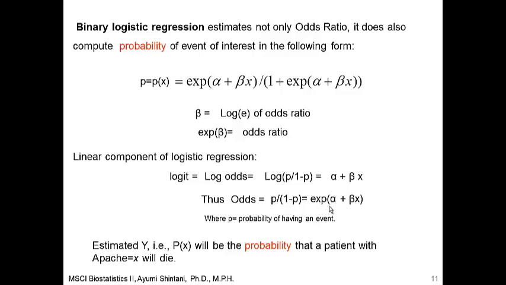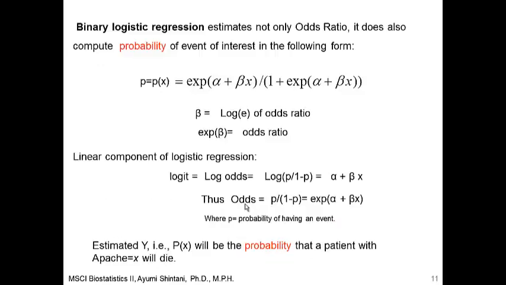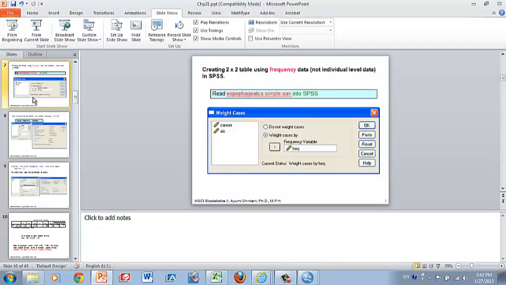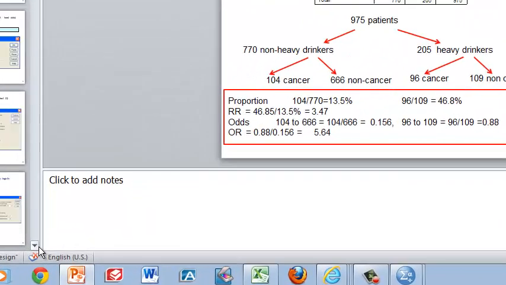So the exponential of alpha, the exponential of minus 1.857, is the odds of having the event among non-alcohol drinkers. Okay, so let's compute. It is 0.156. Let's make sure it matches our hand computation. 0.156, yes, it matched.